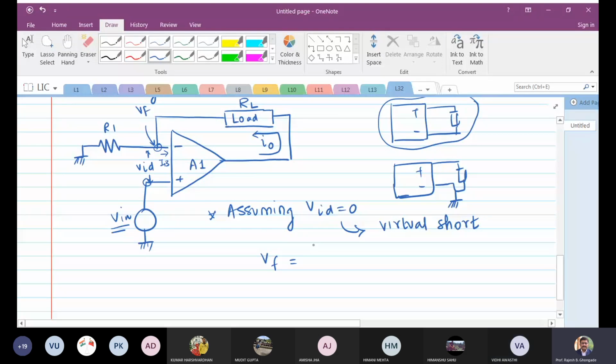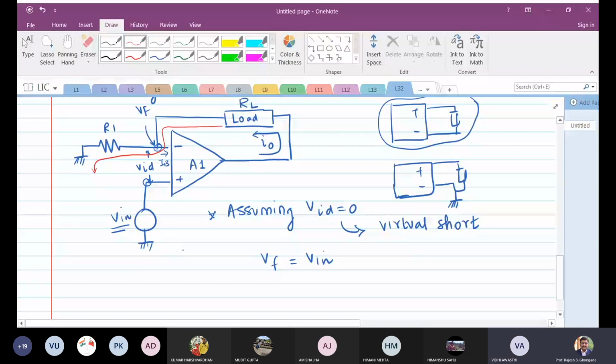And you can see that IO flows through this R1 also. Why? This current flows to the ground like this. Why? Because IB we can assume to be 0.